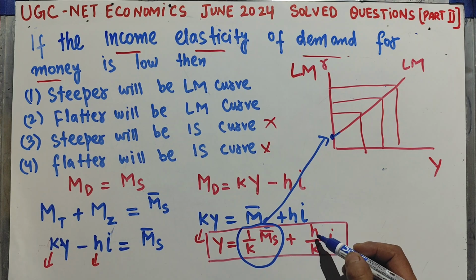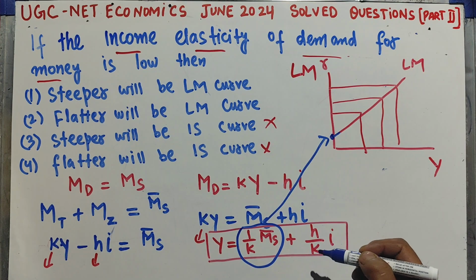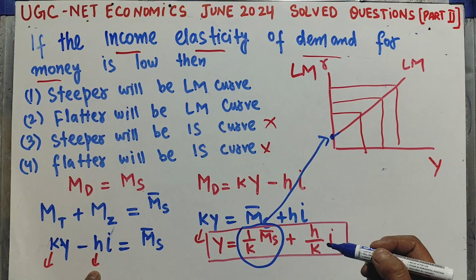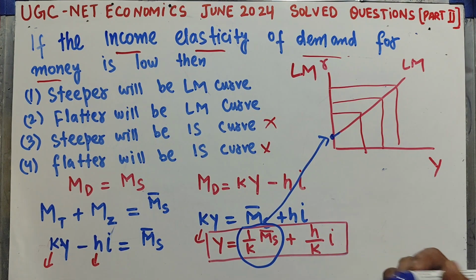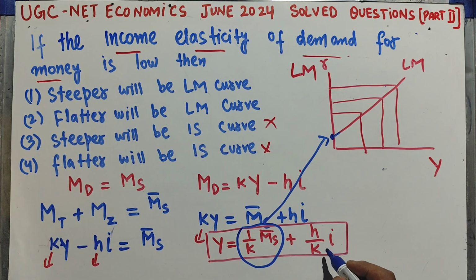The slope of the function depends upon the H upon K ratio, and we know that H is the interest sensitiveness of demand for money, and K denotes the income sensitiveness or income elasticity of demand for money. Now here you can see, the question tells us that the income elasticity of demand for money is low. That means the value of K is low.